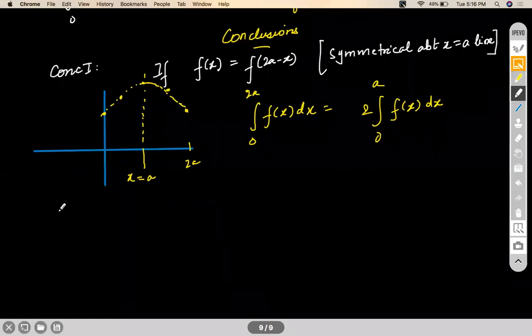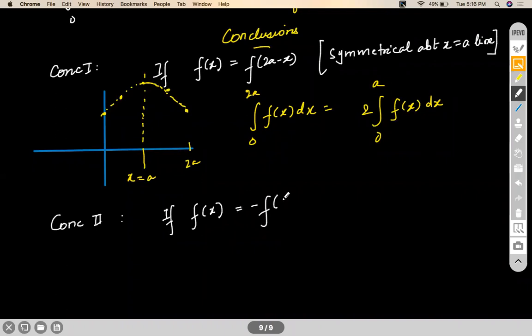Okay. Conclusion number two. If your function is exhibiting this criteria that f of x is negative of f of 2a minus x, when a function exhibits this criteria, remember, then it becomes symmetrical about the point a comma 0.